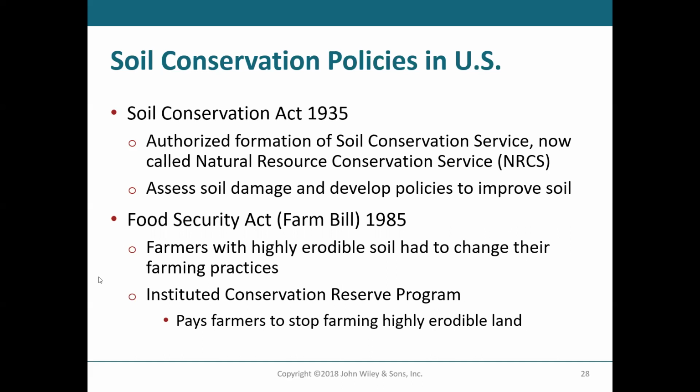In 1985, we got the Food Security Act that contained two main provisions for soil conservation: the Conservation Compliance Program and the Conservation Reserve Program. They both require farmers with highly erodible land to develop and adopt 5-year conservation plans for their farms that include erosion control measures. And if they don't comply, well, they lose federal agricultural subsidies such as price supports.